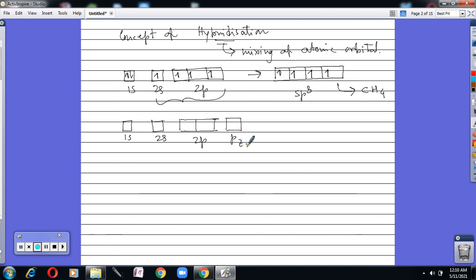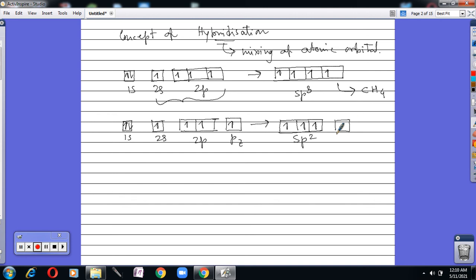Pz I can write here, right? 1 1 1, and here it is clockwise and anti-clockwise both. Now here is a possibility of mixing one 2s with 2p orbitals, and that hybridization is known as sp2 hybridization.